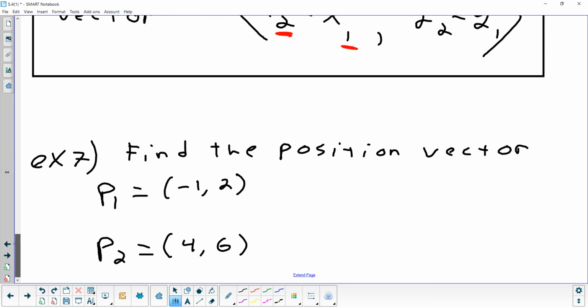All right. So find the position vector. Again, it doesn't really tell you which one is which, but I told you what to always go with. If you see the 1s, those are your initial. The 2s are the terminals.